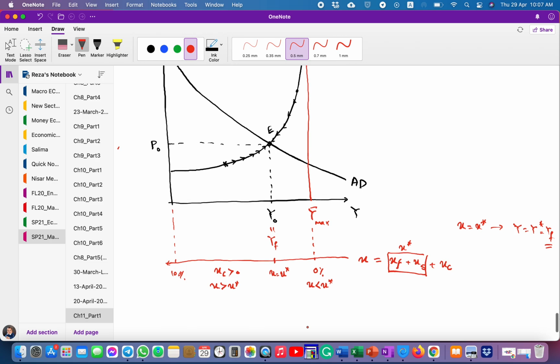Here it means that the cyclical unemployment is negative. So here the cyclical unemployment is 0. If we go this way or this way, the ideal position would be to have it here.